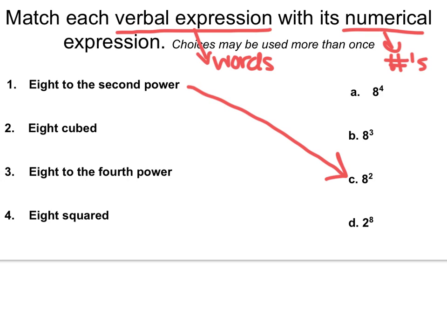So take a bit, and I would like you to try the other ones. Now, look up there. It does say that choices may be used more than once, so that is a hint that a choice may be used more than once.